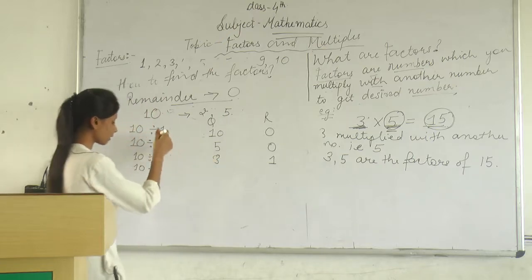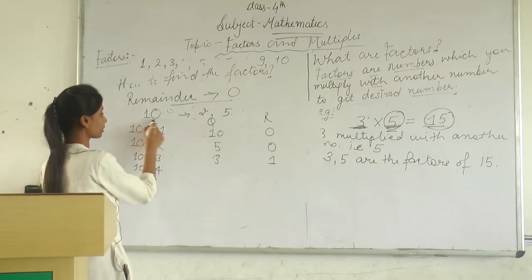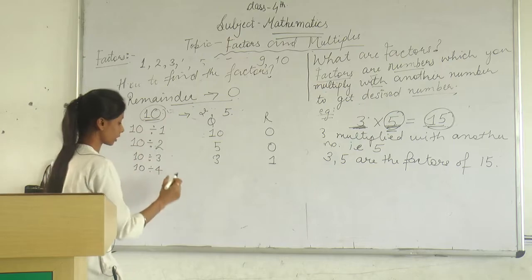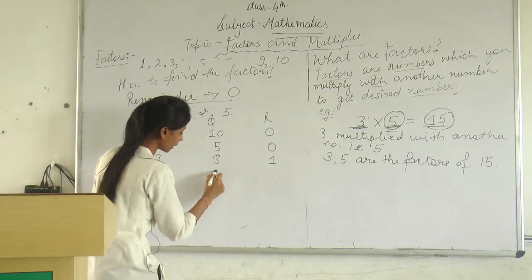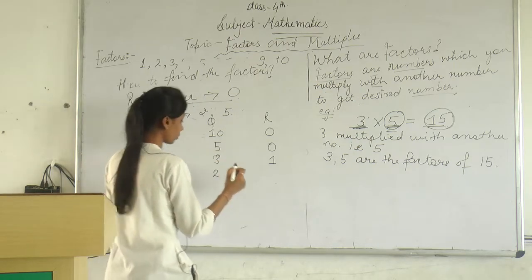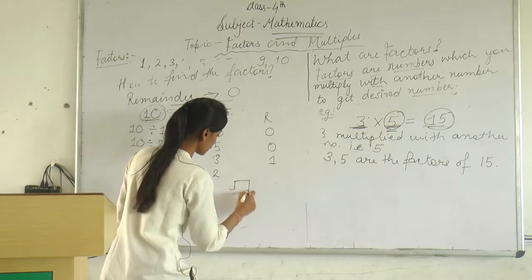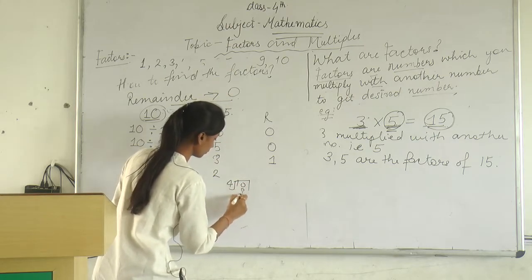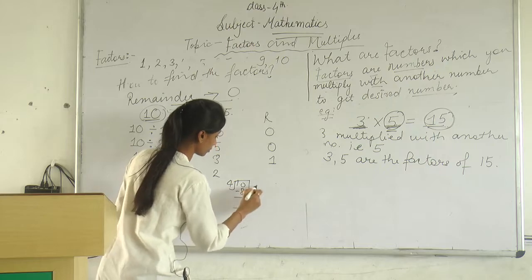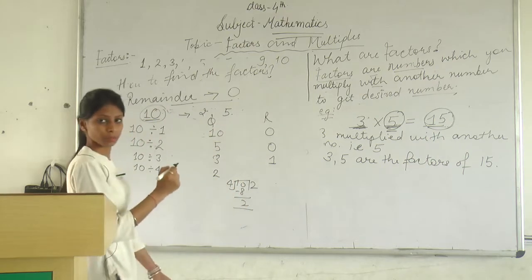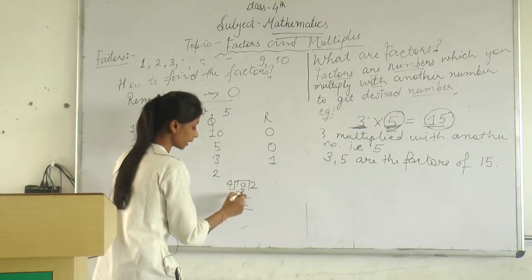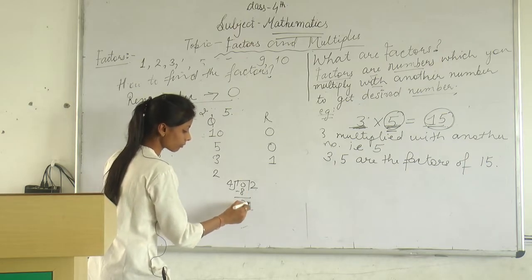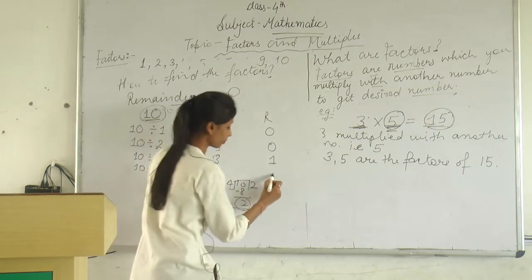We check these numbers up to the desired number, meaning up to 10. On dividing by 4 we get the quotient 2. You can see here, because in the table of 4, 2 fours are 8, and after doing subtraction, what remainder is left? 2.